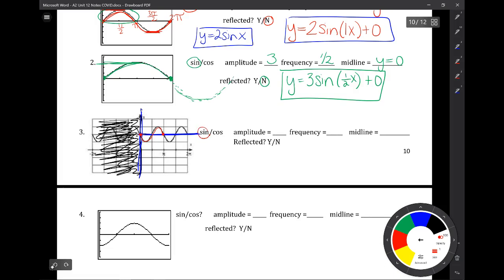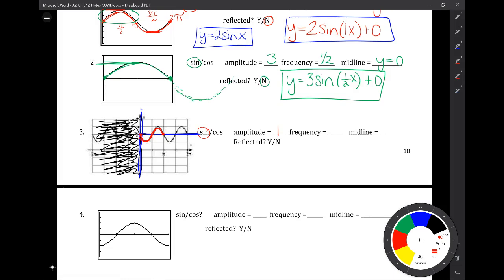So that is going to be a sine curve. However, its amplitude from that midline that we just noticed has been shifted, it only has an amplitude of 1 box. So 1 box, our amplitude is 1.